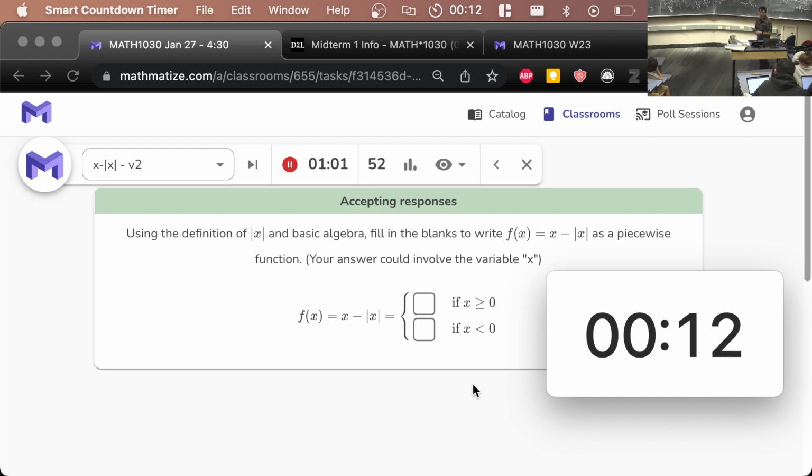Okay, 15 seconds left. Put in your guesses. What could it be? If you get 1 out of 2 of them, that's still good.